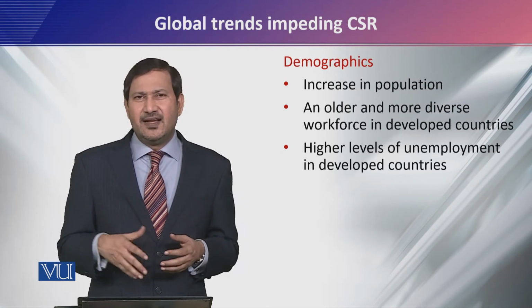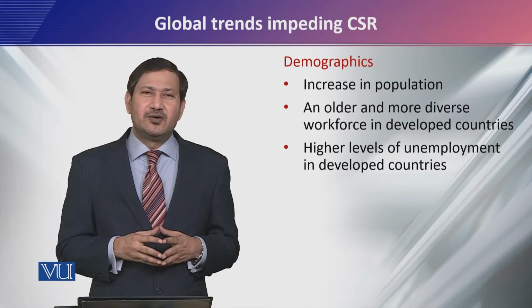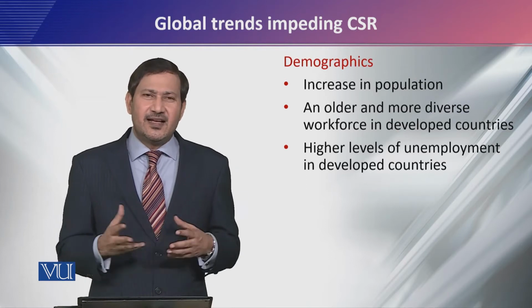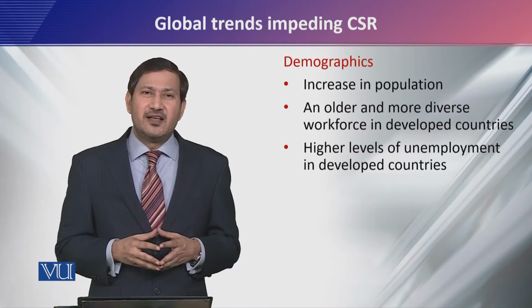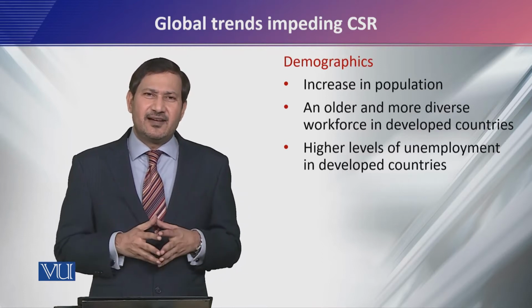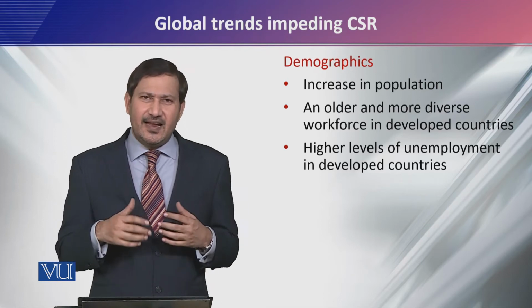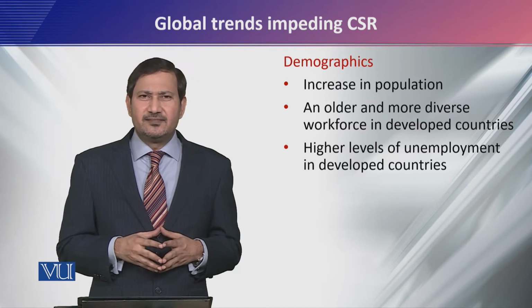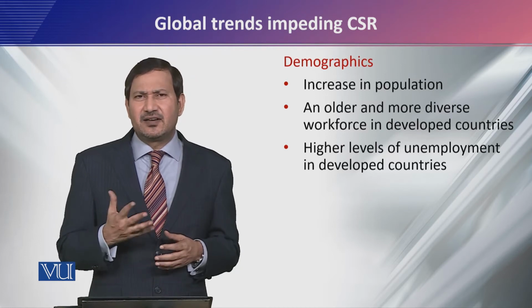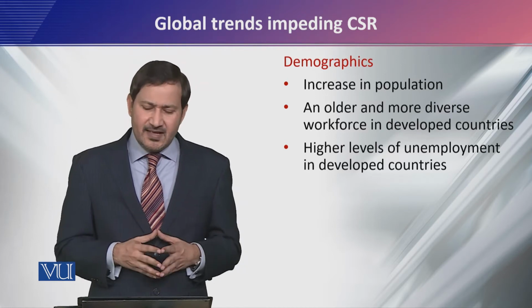For example, in the last module, we talked about diversity. In the last module, we talked about equal opportunities for employees. So these demographic trends are actually impeding and preventing organizations to implement corporate social responsibility effectively or fairly.